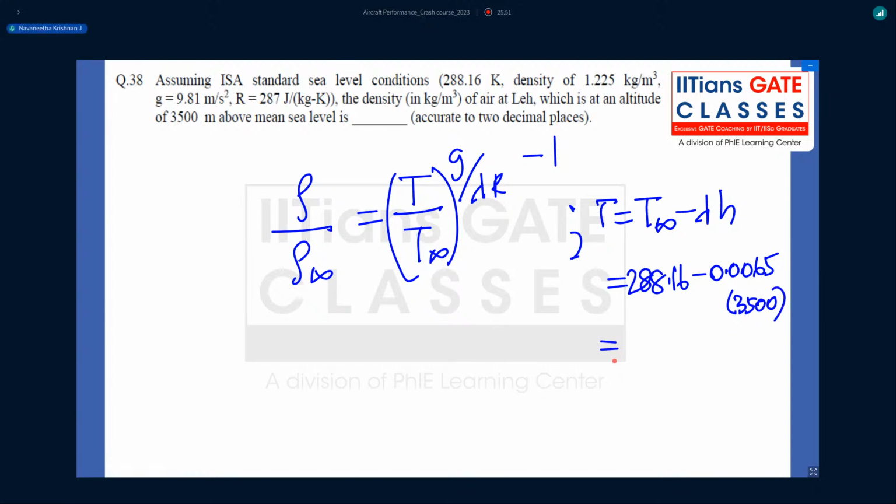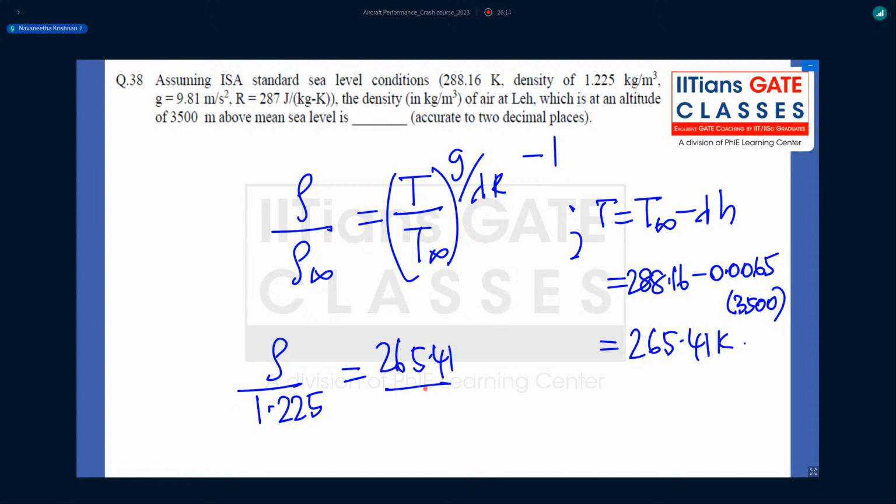Substituting that, I get temperature as 265.41 Kelvin. Substitute everything in this to find the density. Density at sea level is 1.225, temperature we just found is 265.41, temperature at sea level is 288.16, power.